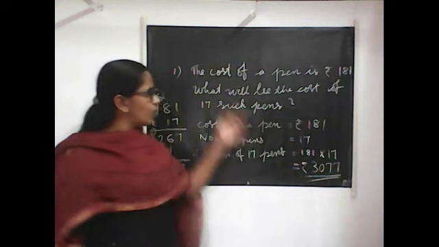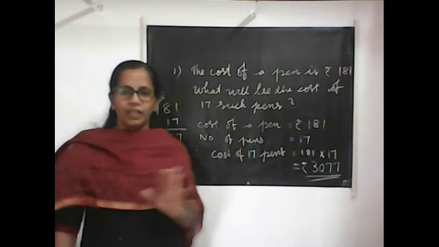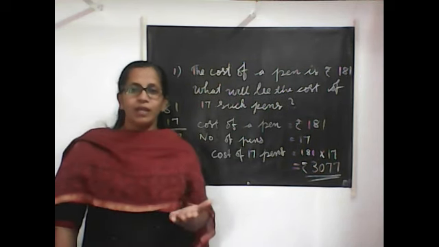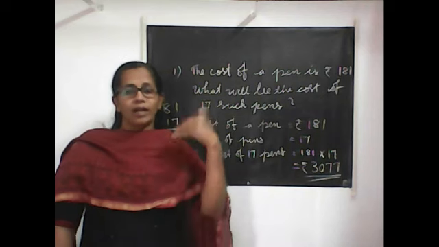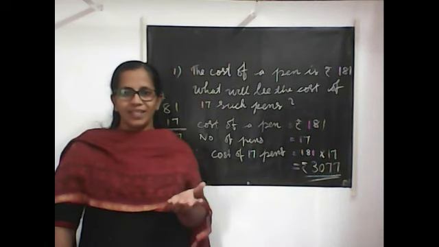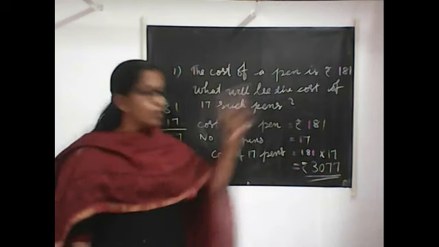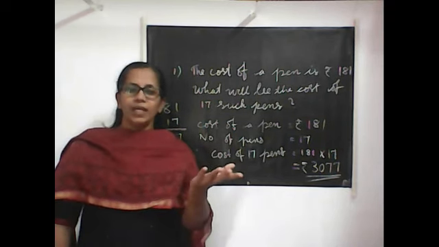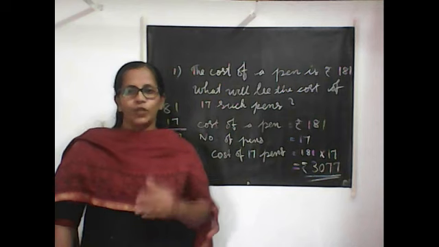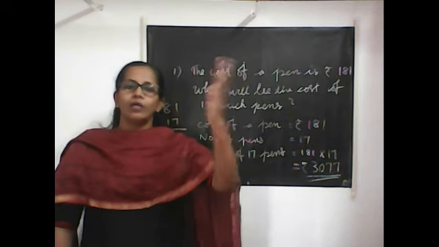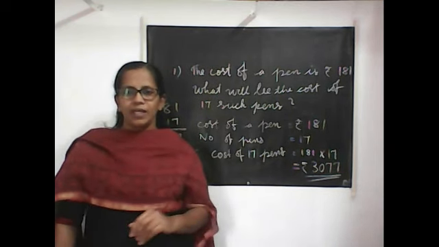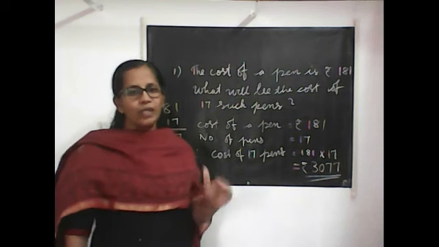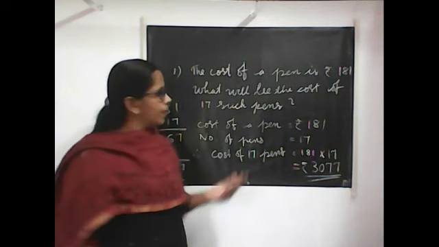Anyway, the cost of one pen is 181, so 17 pens will cost more than 181. If the cost of one pen is 181, the cost of more than one pen will be more than that. So to get a greater value, you have to multiply. Same question, let us think of it in division. How will the question be?